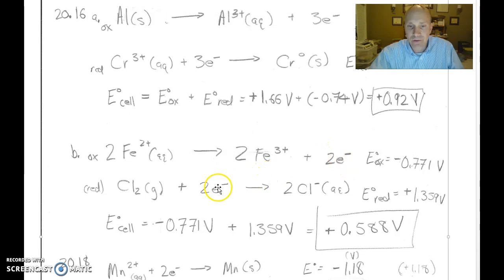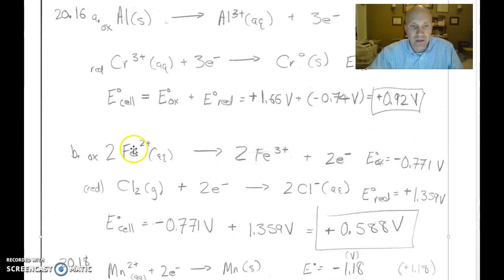We want the number of electrons in one to match the number of electrons in the other. But this does not change the amount here. Just because you double this reaction does not mean that you double the electromotive force.